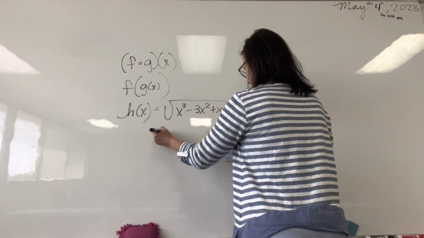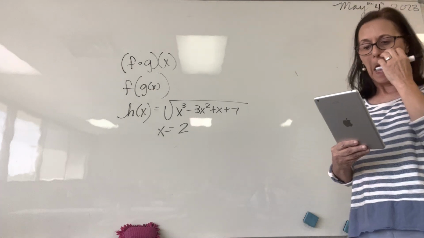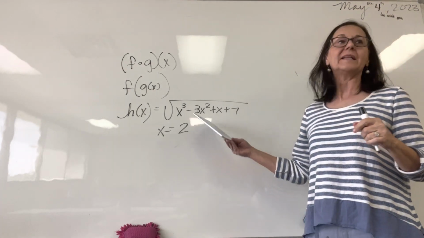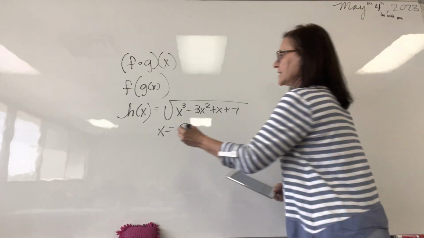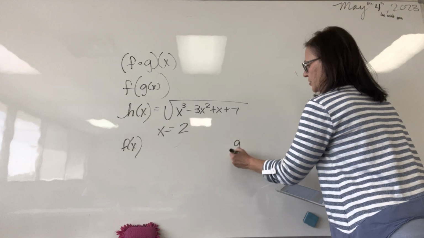Is it continuous at x equals 2? Yes, it says so. We could plug 2 in and see if we get the answer. But what are some options of this being the composition of?